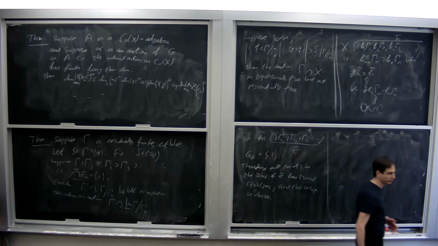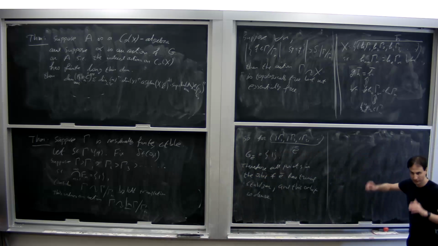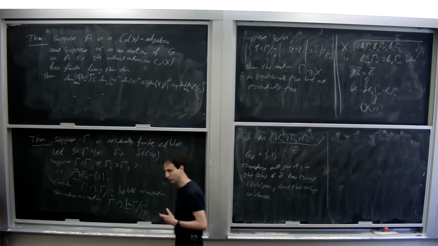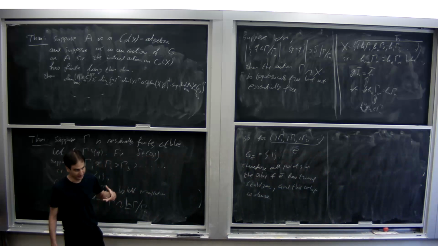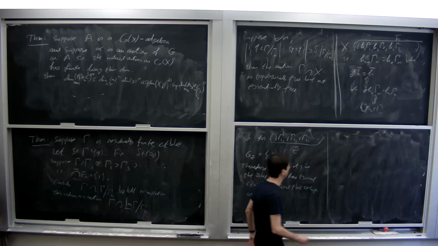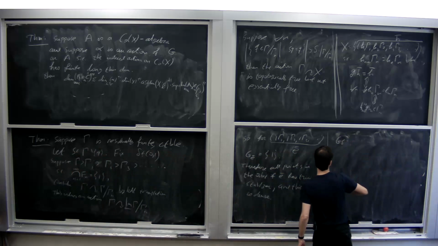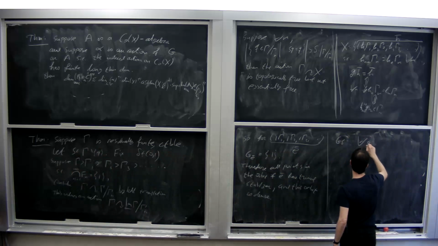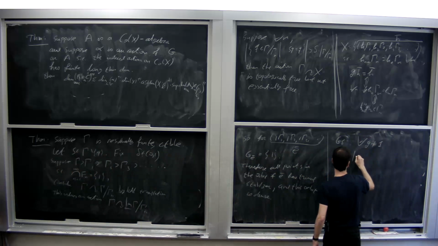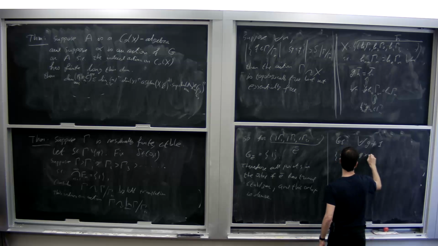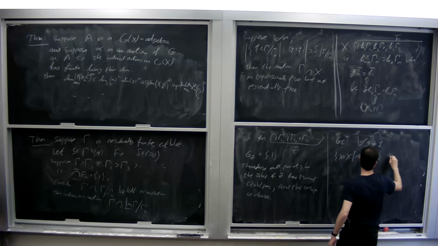Now, as for G delta, that's always true. If you think about it for a moment, not just for this action but for any action, the set of points with trivial stabilizer, for any discrete group action, is always a G delta set, maybe not dense. For G delta, simply say that for any g different from 1, the set of points x such that g times x is not x, sorry, the set of points where g x is not x is open.